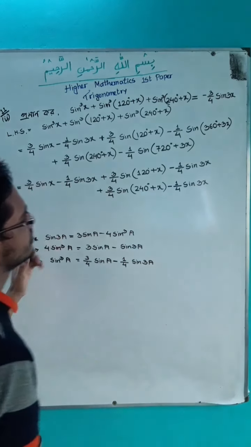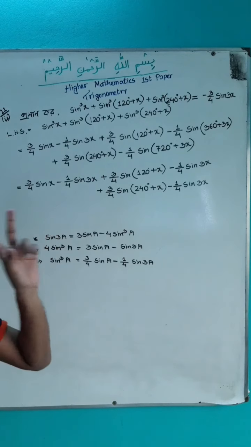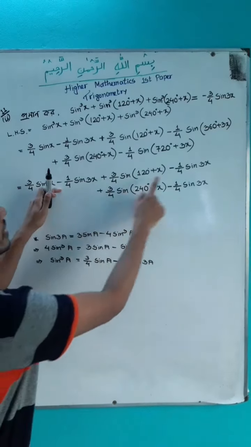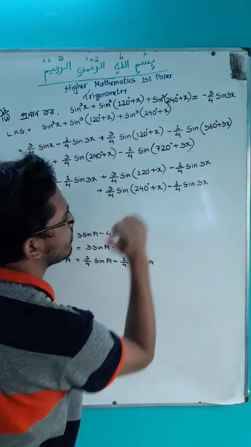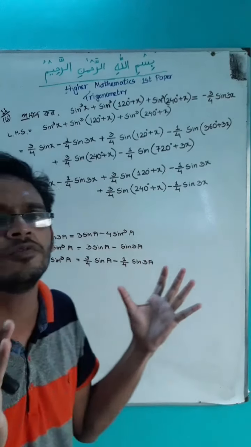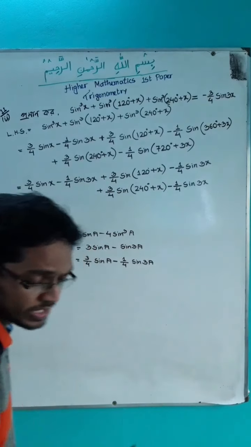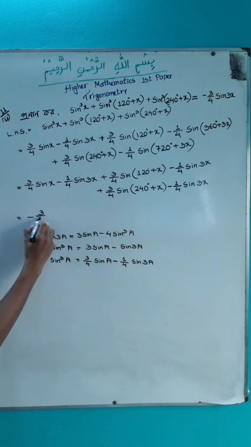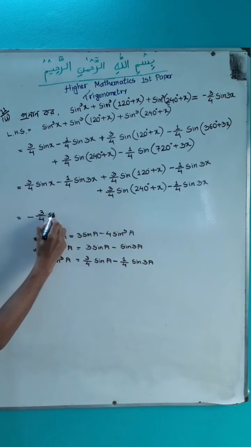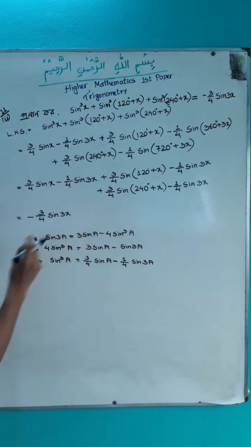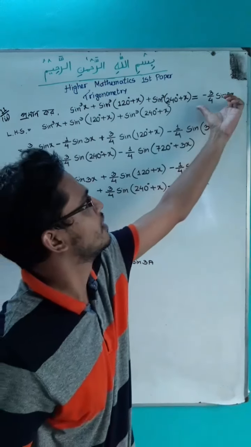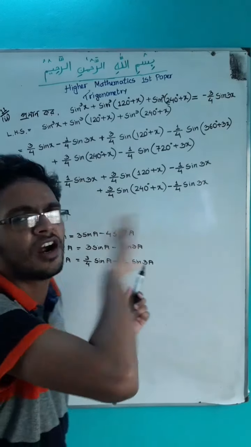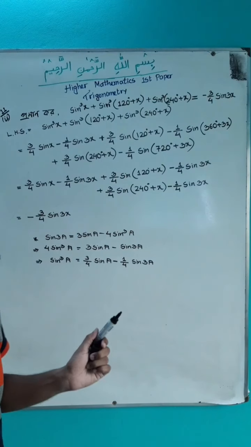Now check there, that is the sin 3x term. One is here, minus 1 by 4 sin 3x, minus 1 by 4 sin 3x, minus 1 by 4 sin 3x. If we add these 3 terms, we will have minus 3 by 4 sin 3x. That's exactly what is in our right hand side. So that will be the answer. The rest of the terms will be 0.